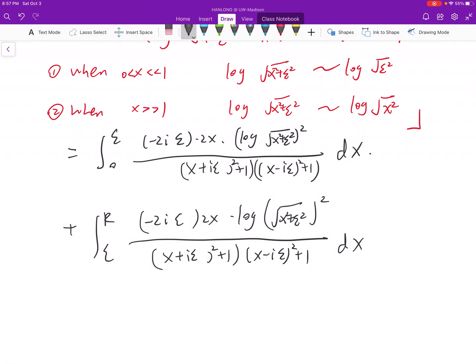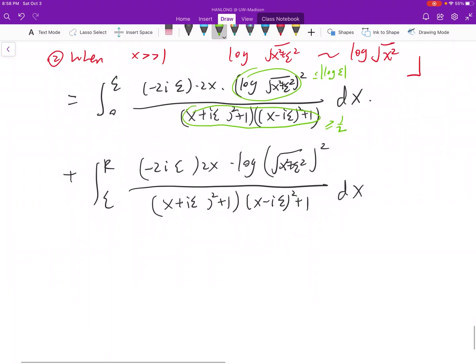Okay, then for the first part, the denominator is good. So the norm of the denominator is bounded, for example, by 1/2 when ε is small enough. And then for the numerator, x is bounded by ε, and this one is bounded by the absolute value of log ε.